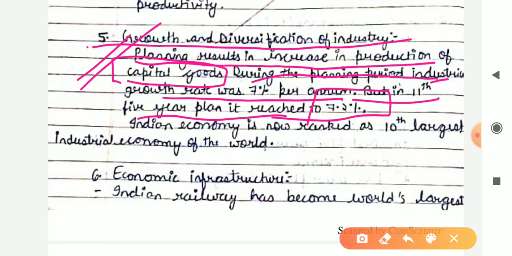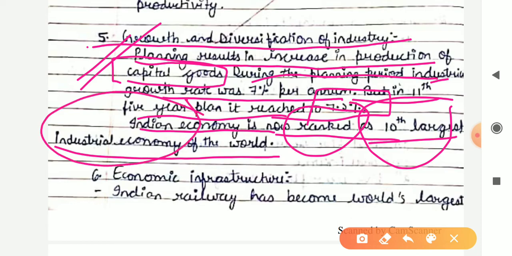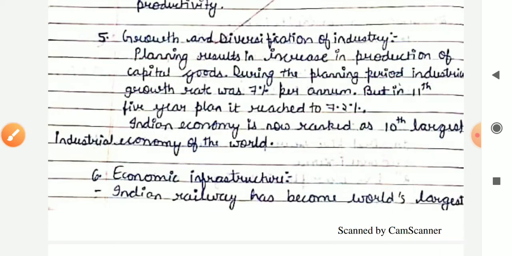So there is also an increment. Indian economy is now ranked as the 10th largest industrial economy of the world, and we achieved this position because of 5 year plans. You can also search what is the present rank of our country as an industrial economy, because it was data of approximately 2017.